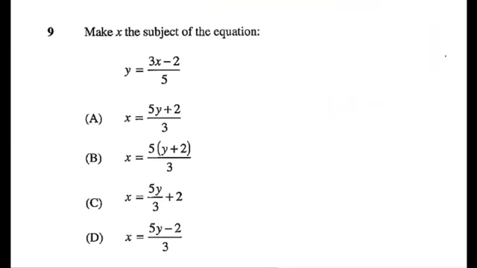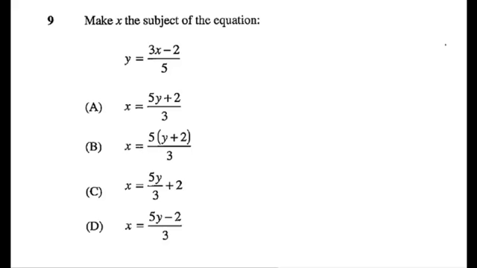Question 9. Make x the subject. Okay, so these ones are quite tricky. We need to rearrange this equation. Start with what's on the bottom. So how do I get rid of this 5 on the bottom? I multiply by 5. That would give me 5y equals 3x minus 2. Next, so I'm trying to get x on its own.